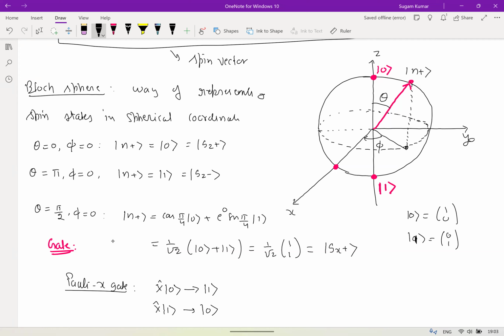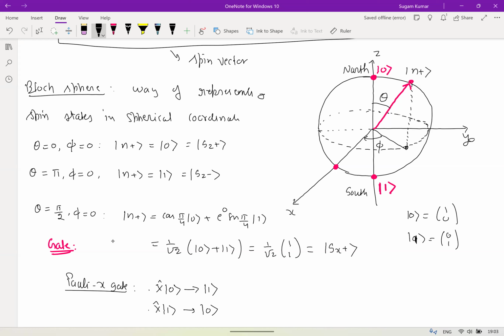In this case, it is going to rotate from the north to the south pole. So that is the north pole, and this is the south pole in this situation. So this is how the Pauli X gate works. All the operators are doing nothing but rotating this vector on this sphere.